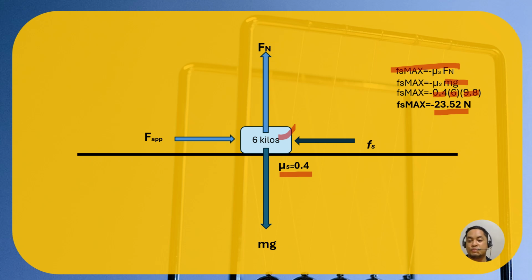Lesser than 23.52 or equal to 23.52, the object is not moving. But more than 23.52, 23.53 for example, it's more than the threshold, so it will move unnoticeably.